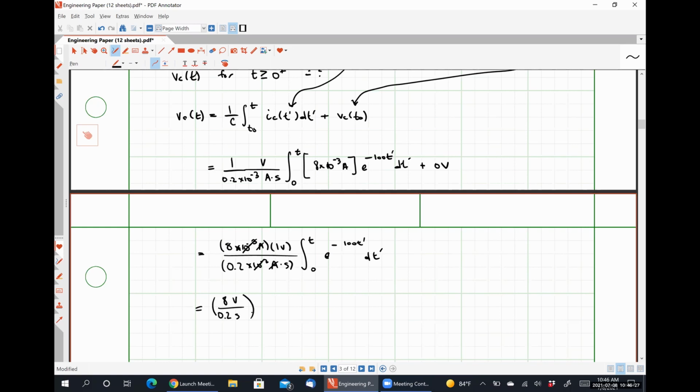So you suggested that it was negative 1 over 100 e to the negative 100 t prime evaluated at 0 to t. Yeah. Okay.